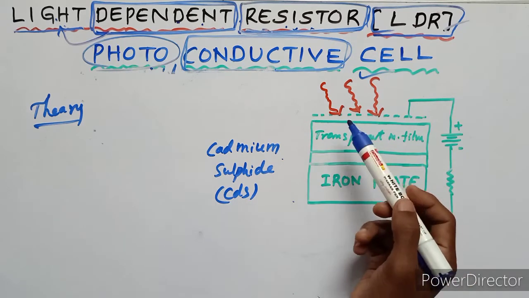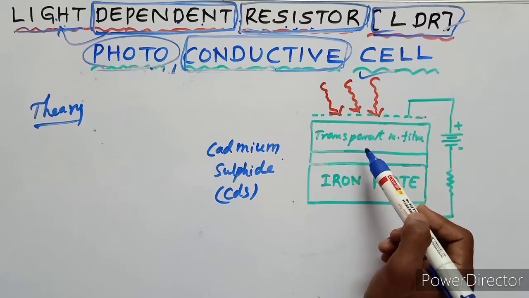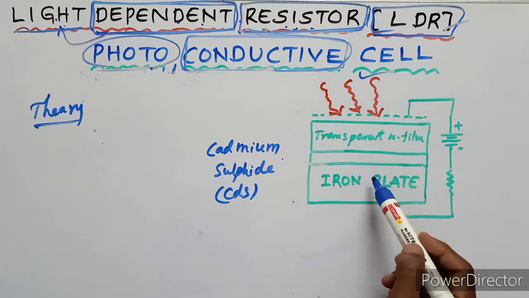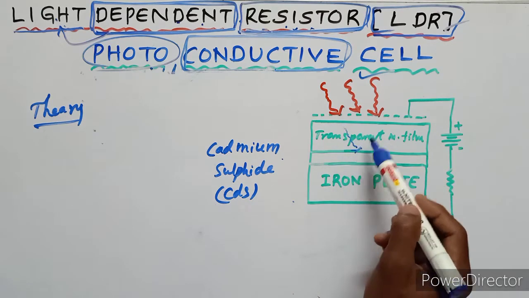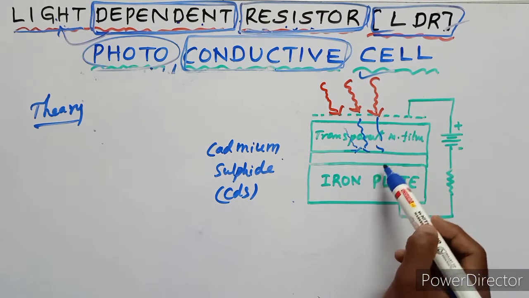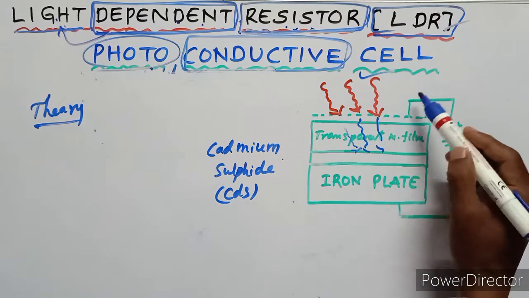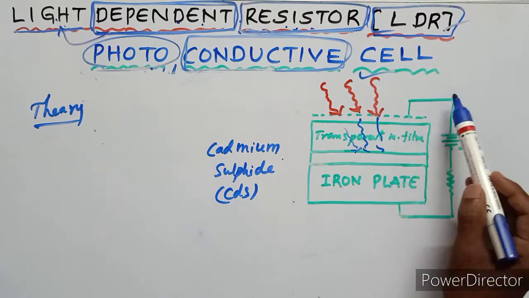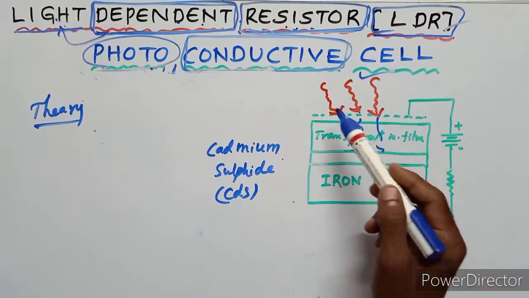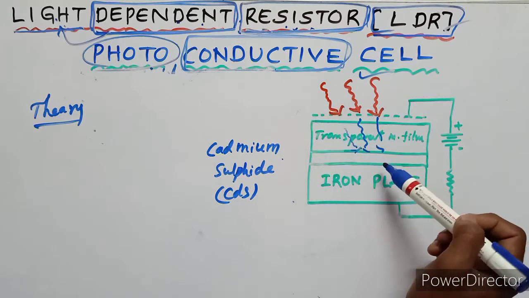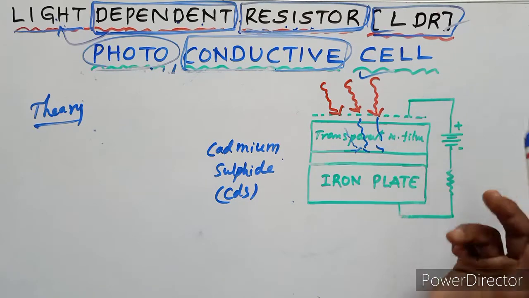Then the photoelectric effect. According to the photoelectric effect, the light is incident on the metal film, the transparent film, and then electrons are emitted through the circuit. When the light is incident on this iron plate, the electrons are emitted.